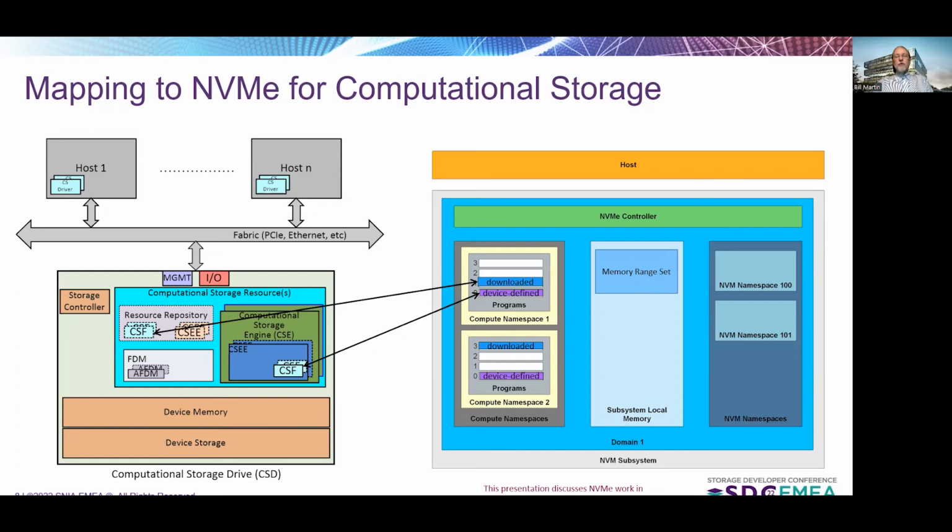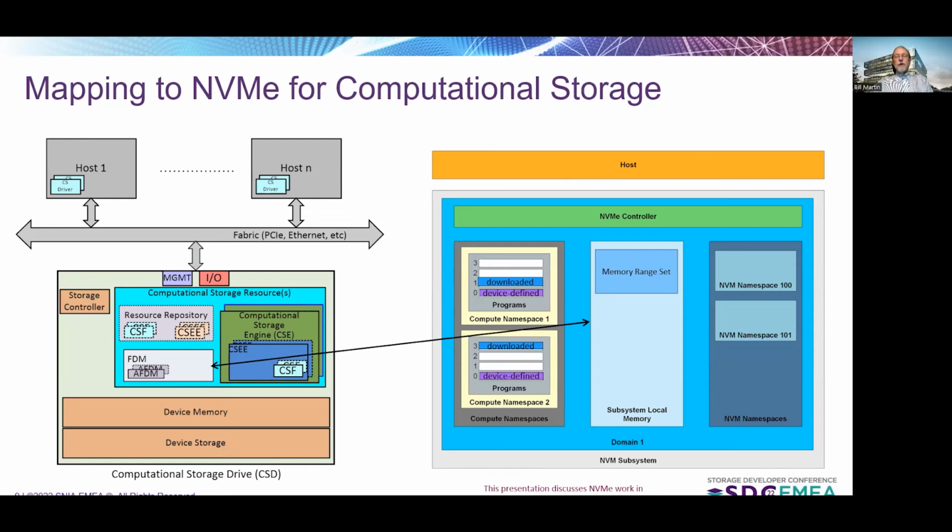As I mentioned before, these are on a per compute namespace basis. What they would map to effectively is that they are downloaded into a computational storage engine environment within the SNIA model. So there is a slight difference there.